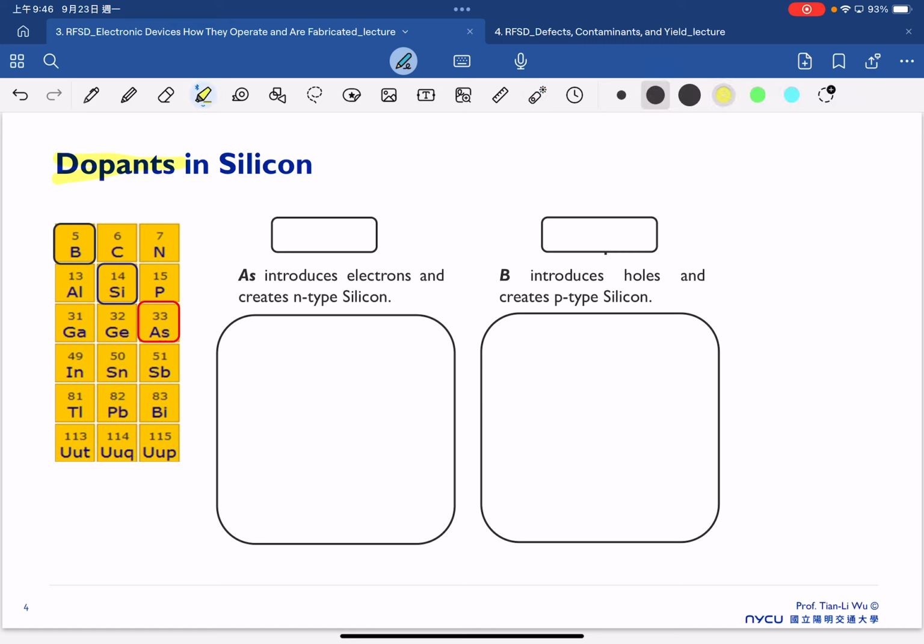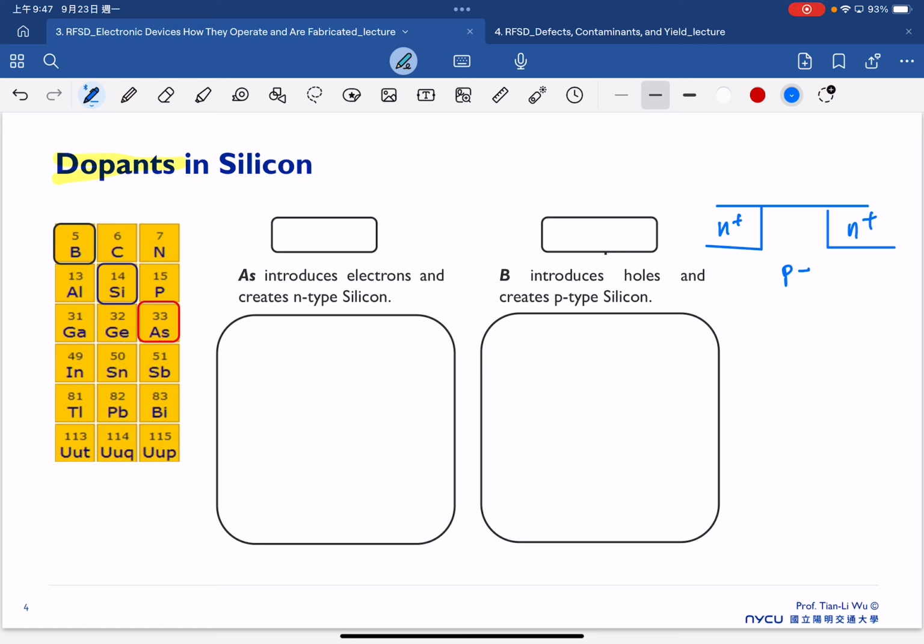So the purpose of having a dopant, in terms of a device, in the end is that we can have N plus in the source drain region, and sometimes we can have P minus in the substrate region here.